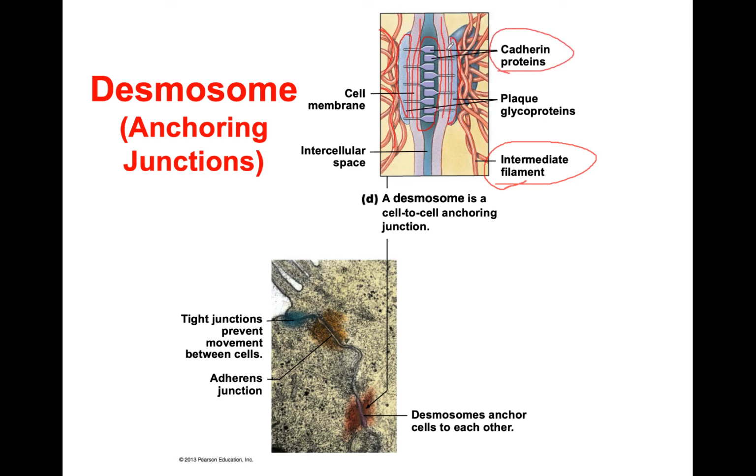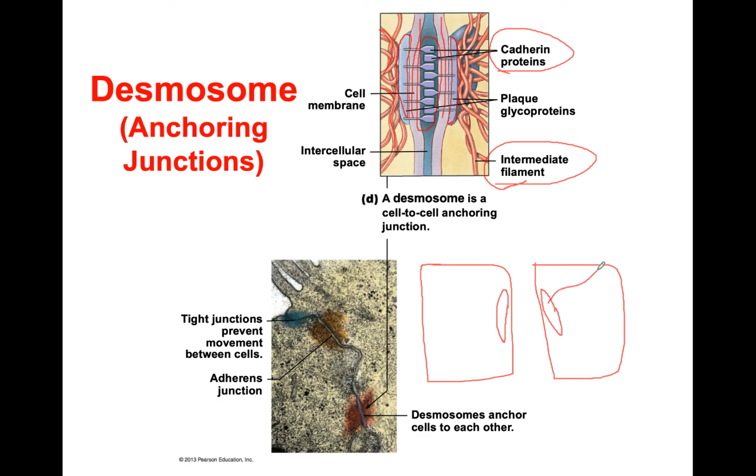So you have the cell membrane. It has the plaque on the inside. The plaque is connected to the intermediate filament and the cadherins in between the cells to allow for a nice, strong connection. They are called anchoring junctions because if I had a cell here and I had a cell here, here was my plaque, here was my plaque.